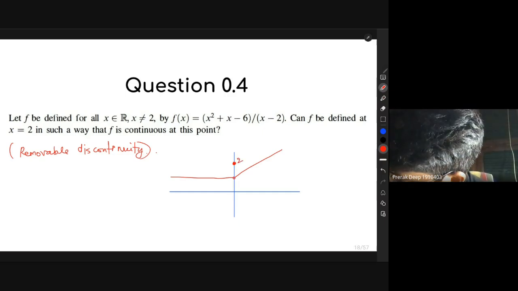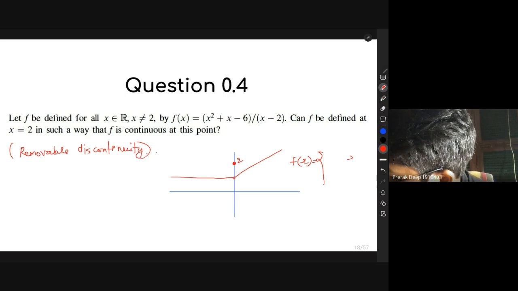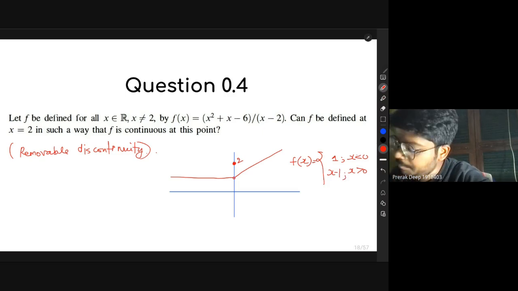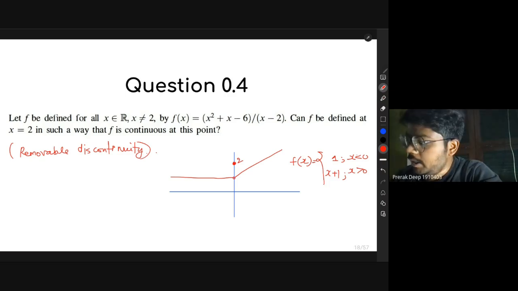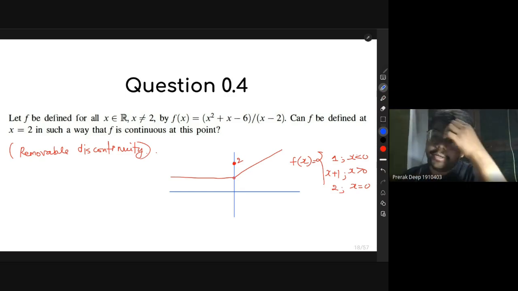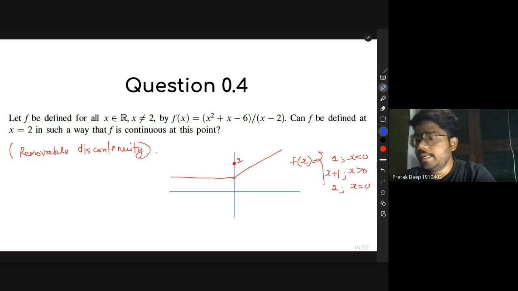This is the graph of the function f x: when x is negative you have defined it to be 1, and when x is positive it is shifted to the plus side, so when x is 0 it is taking plus 1. So x plus 1. In this function, when x equal to 0 you define it to be 2. This kind of function, you can see, is continuous elsewhere, but at the origin you have made this function discontinuous.